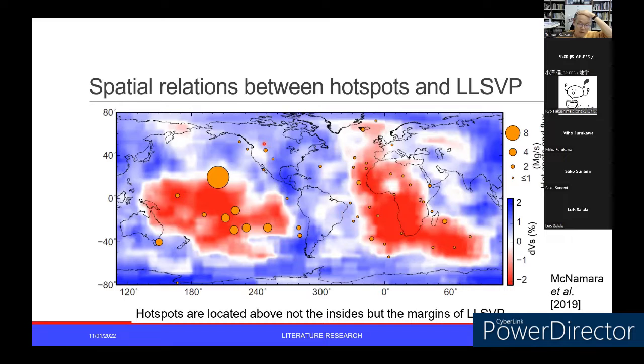There are exceptions. For example, North American hotspots are not located on the LLSVP. And this hotspot, Tahiti hotspot, looks located inside of the LLSVP. But as I will show you later, if we see the more detailed structure of LLSVP, this is not inside.